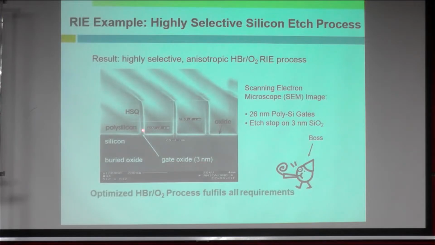This is 3 nanometers wide and the height is 102 nanometers, so 26 nanometers here. So it is quite a high aspect ratio structure that can be formed by the use of deep RIE.